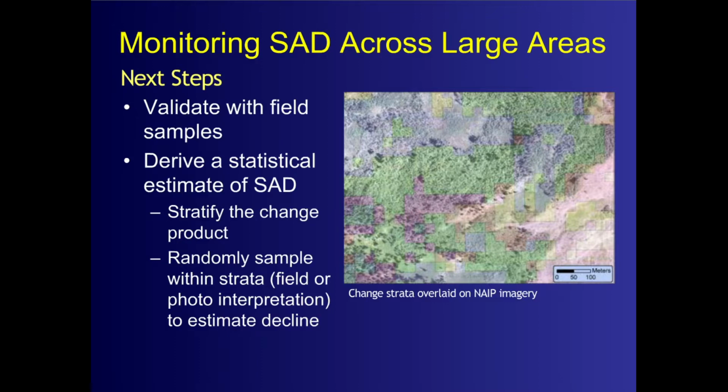And based on that sample, you can derive an estimate with confidence interval of the amount of decline that has occurred in each one of those strata. And with that, you have not only the map, but you also have a very solid estimate of how much aspen decline has occurred. And here's an example of how you might stratify an area based on that change detection product.